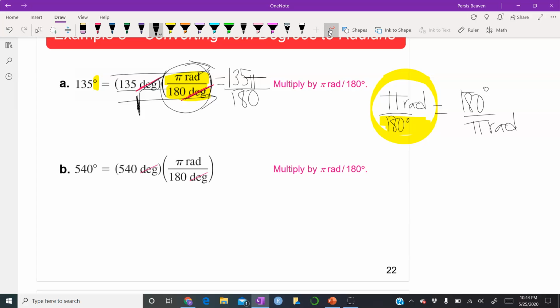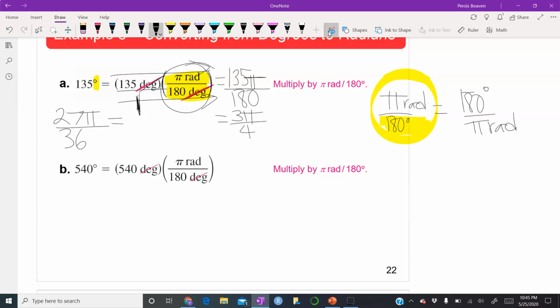So if we divide 135 and 180 by 45, we will get 3 pi over 4. Now, if you're not sure how to simplify it, you could start by dividing 135 by 5, and you will get 27, so it will be 27 over 180 divided by 5, which will give you 36.